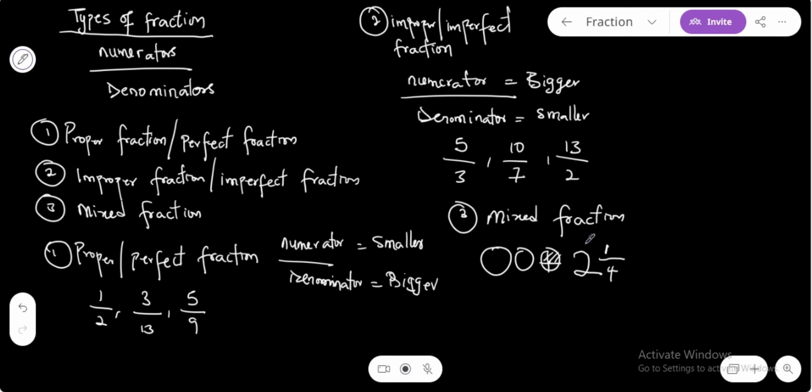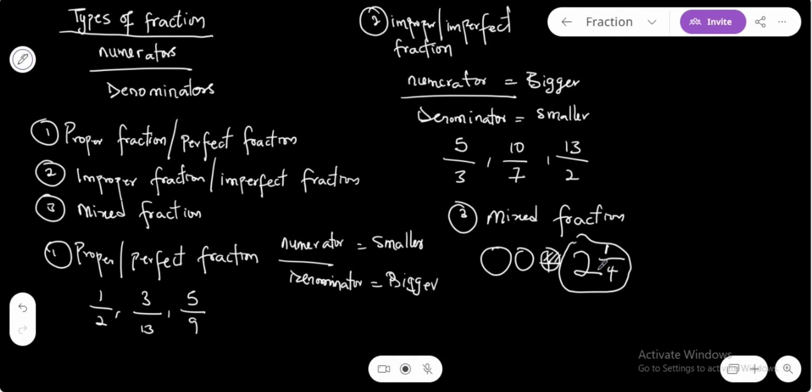This is a representation of a mixed fraction. So a mixed fraction contains a whole number and a fraction. The 2 apples are whole, they are not split. 1 over 4 is a fraction because this apple was split.